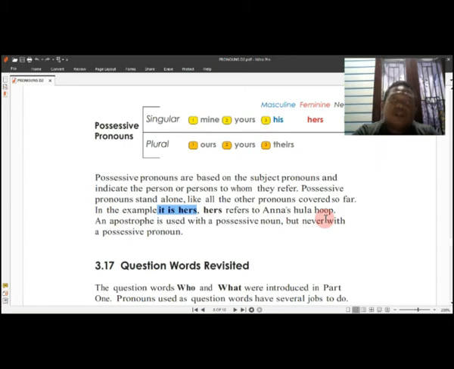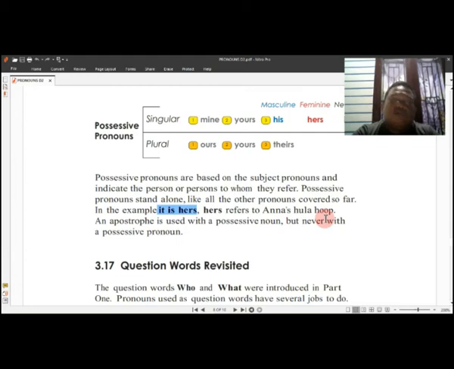So Anna's book is a possessive noun, right? Anna, then an apostrophe, and then you add s. It is Anna's book. If we want to use possessive pronouns, sure we can. It becomes it is hers, like that.